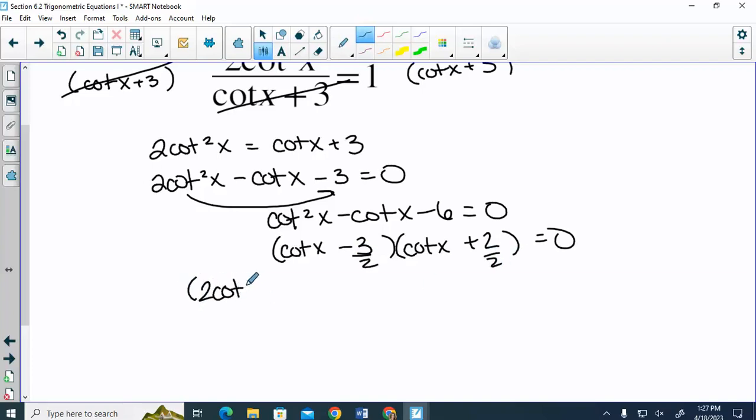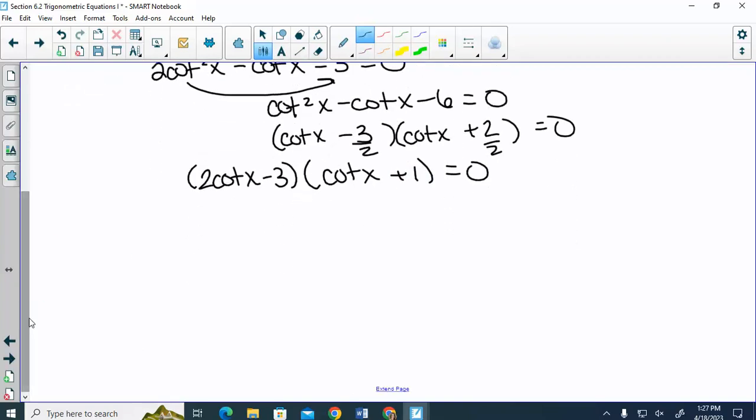So we get 2 cotangent x minus 3, cotangent x plus 1. Now what?